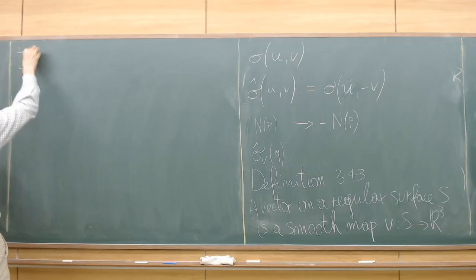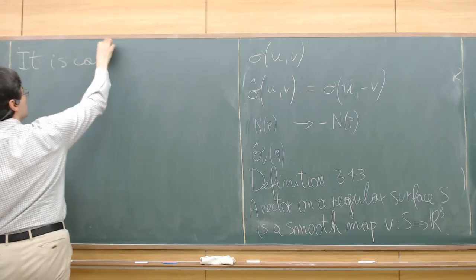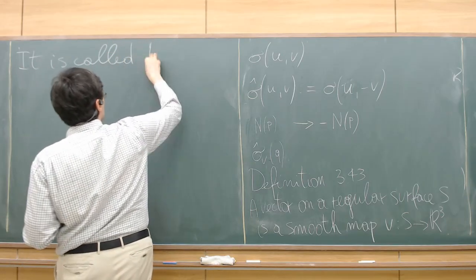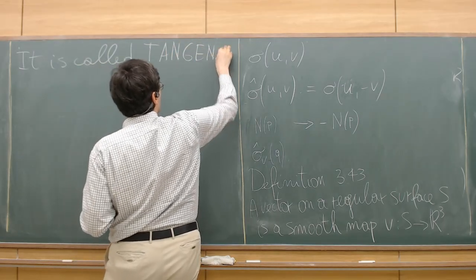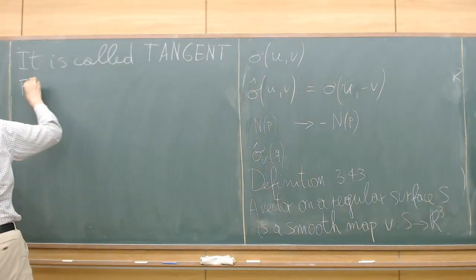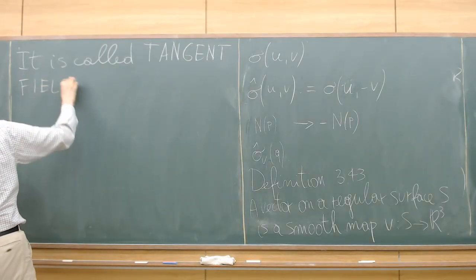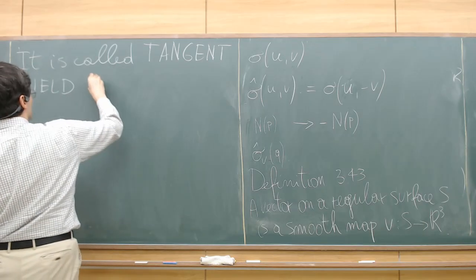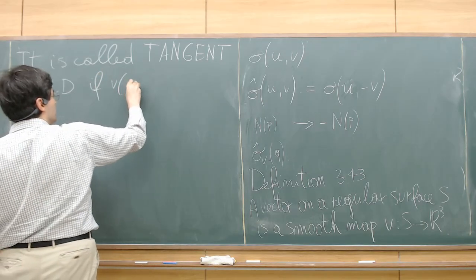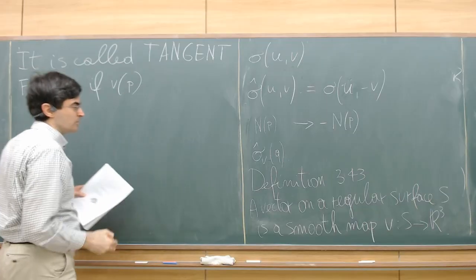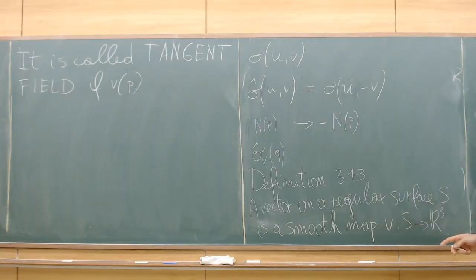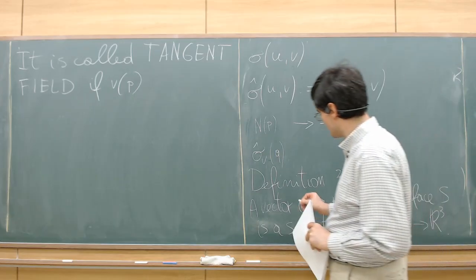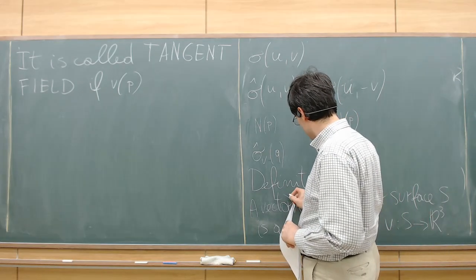It is called tangent field if V of P, sorry, I made a typo, I forgot the word field here.